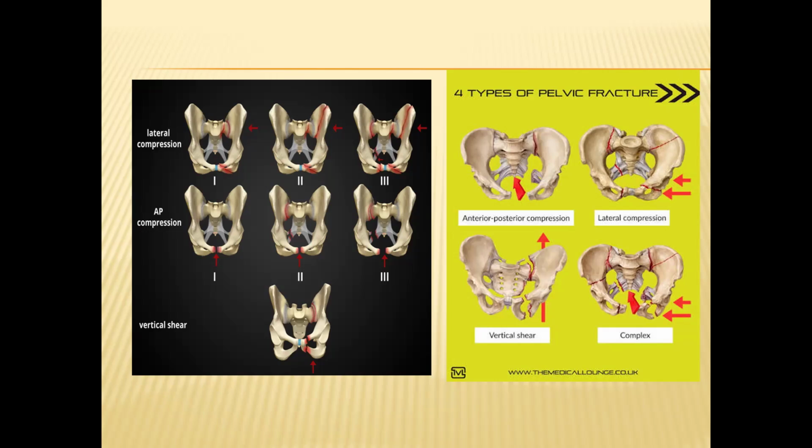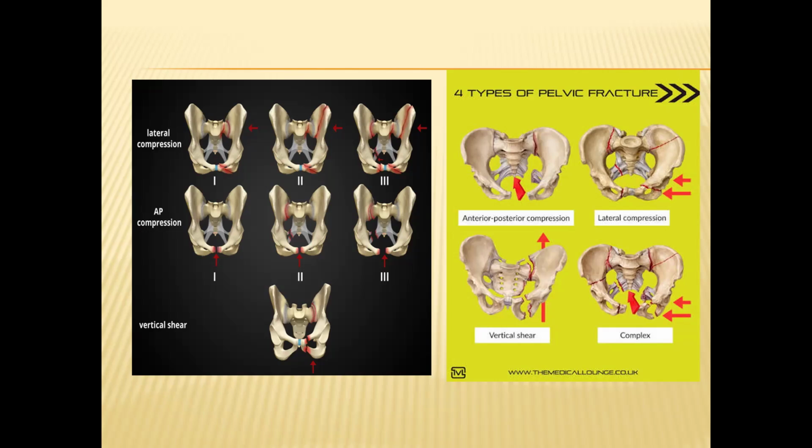In anterior posterior compression, there is rupture of the pubic ramus. We know the pubic symphysis is firmly attached with the help of ligaments. It has two parts of the ligament, anterior and posterior. They are very strong ligaments. So these fractures are mostly due to high velocity trauma.